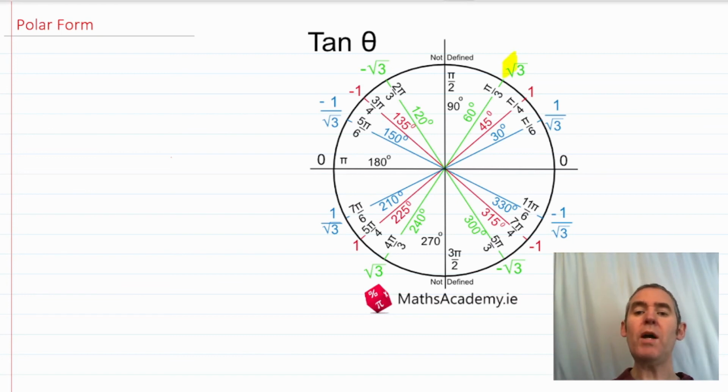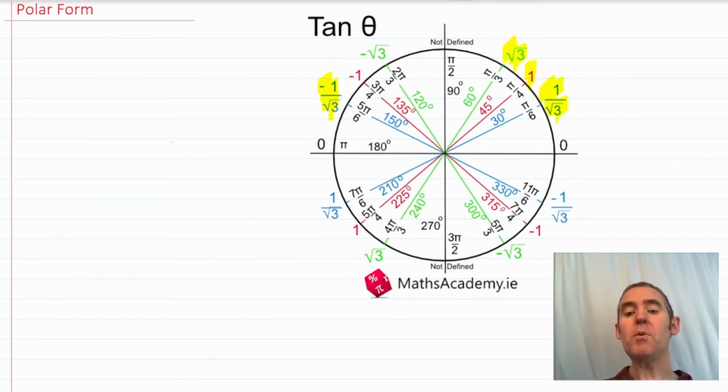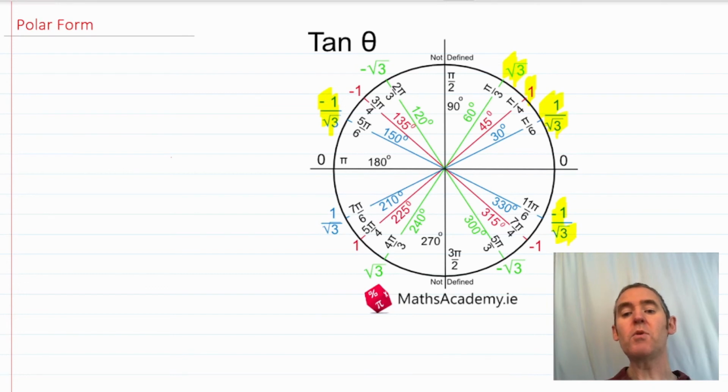If you get values like square root of 3 or 1 or 1 over the square root of 3, or negative versions of that, such as over here we'd have minus 1 over the square root of 3, then in the polar form version you should take the argument to be, if we take the example of minus 1 over square root of 3, 5 pi over 6 if the complex number is in that quadrant. If the complex number was in the fourth quadrant, then you would take it to be 11 pi over 6. So you have to look at where the complex number is in the quadrants when you're looking at arguments.